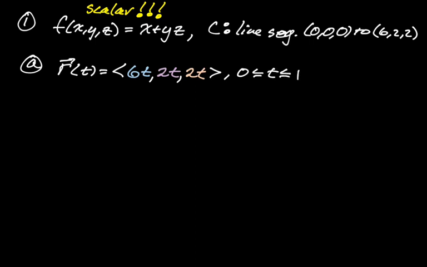Now what we need to do is calculate f of r of t. These types of line integral problems just feel like a lot of substitution to me. And once you get the hang of it, you'll also probably feel that way. So we're going to find f of r of t, which means every x in f of x, y, z will be replaced with 6t, every y with 2t, every z with 2t.